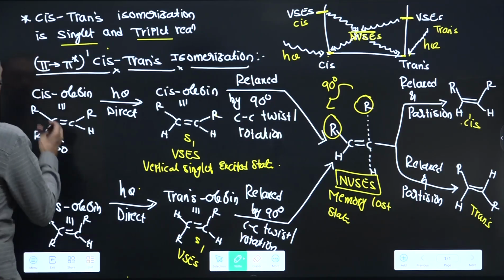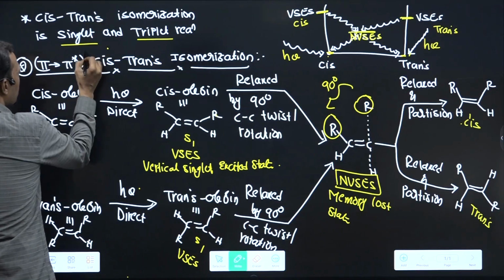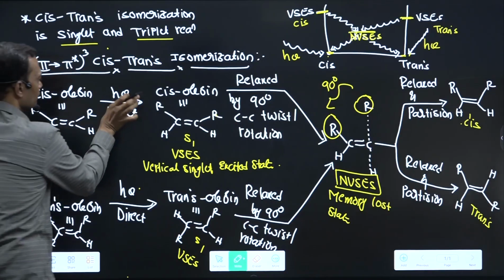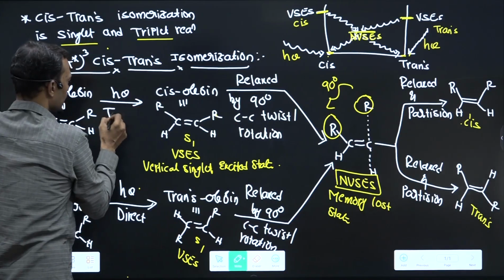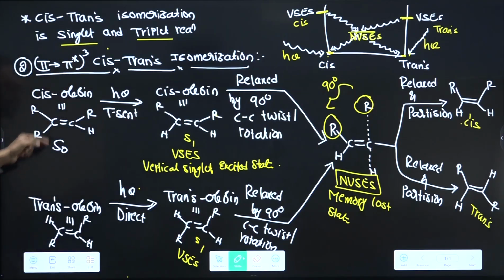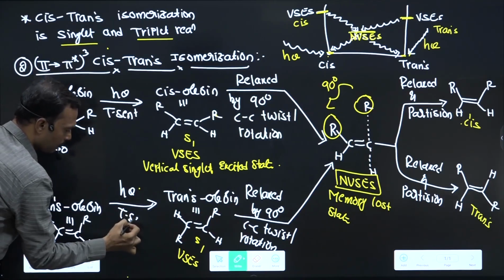So you write the second one. It is almost all the same, but the only thing is I am taking a triplet, pi to pi star triplet, cis-trans isomerization. First I am taking cis, here also first I am taking cis, and here I am using a triplet sensitizer.